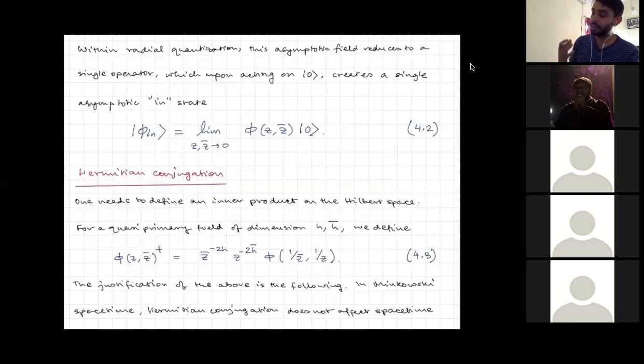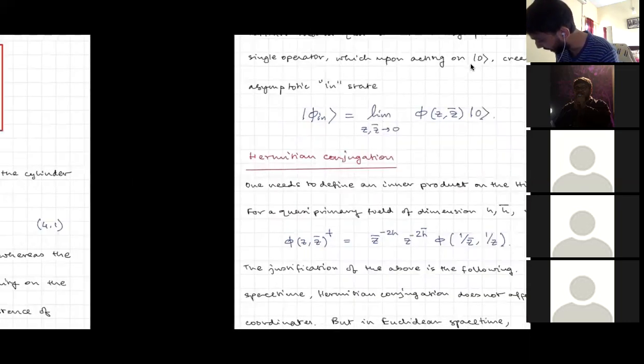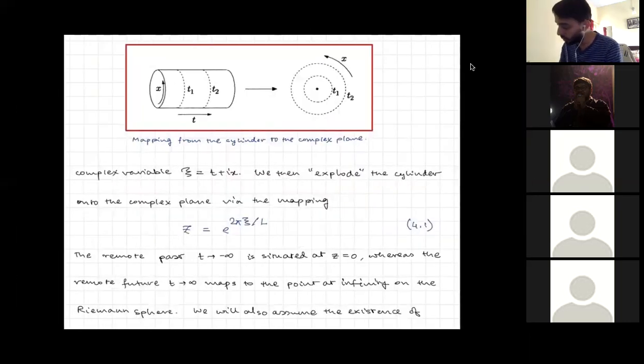Now this, within the context of radial quantization. Also notice something which I didn't really emphasize here. When you are looking at circles T1 and T2, as we saw, minus infinity maps to this point 0 here.